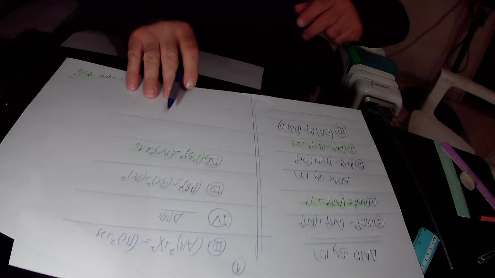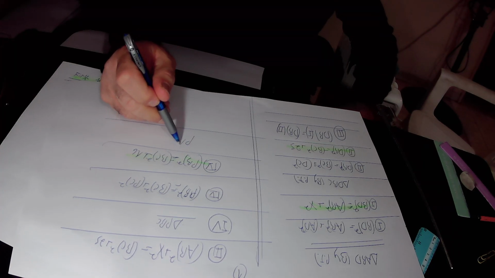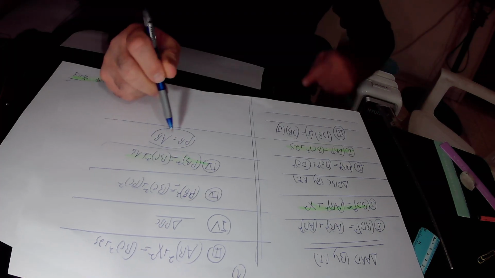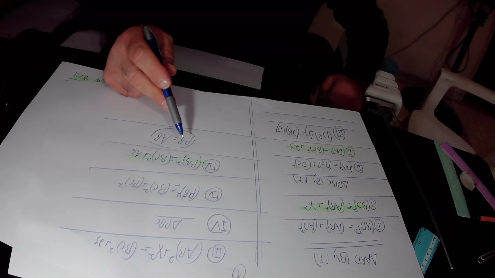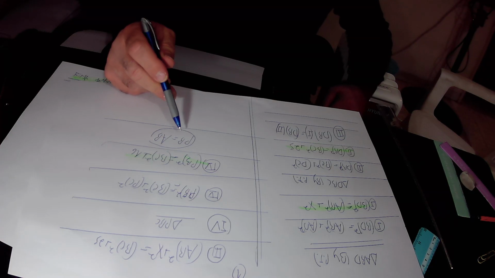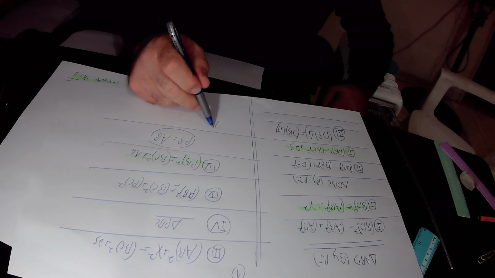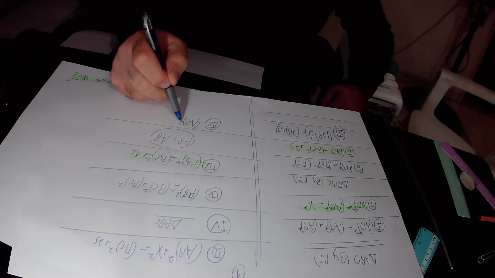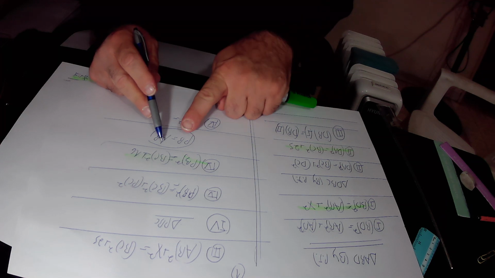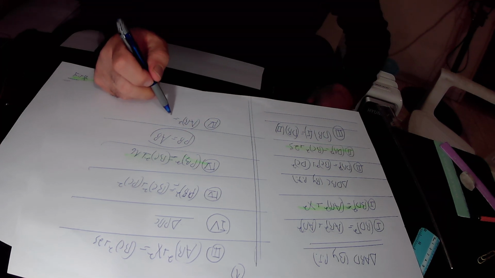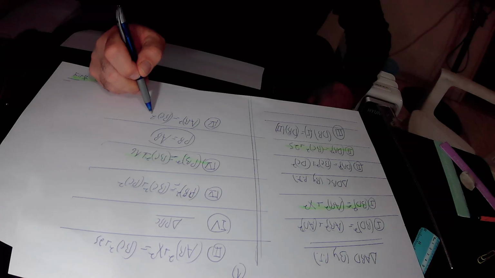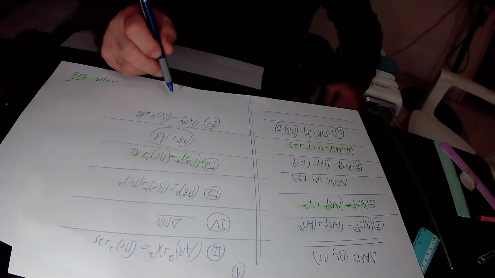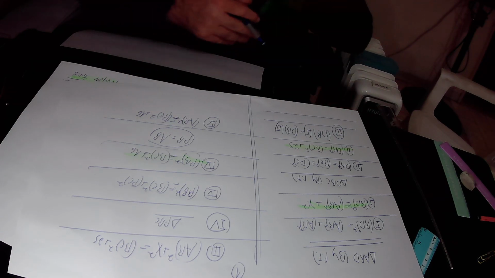Because PB equals AB, PB squared equals AB squared, and here we have it equals BC squared plus 16. So in total, according to equation 4, we found out that AB squared equals BC squared plus 16.